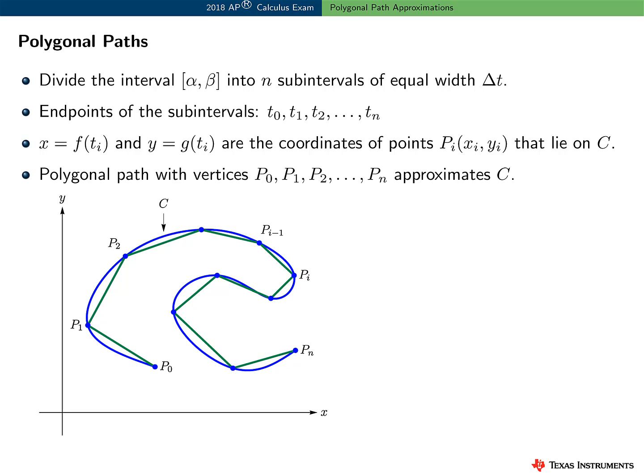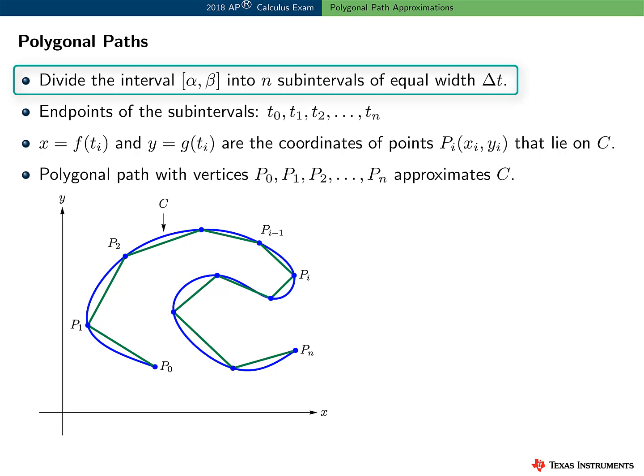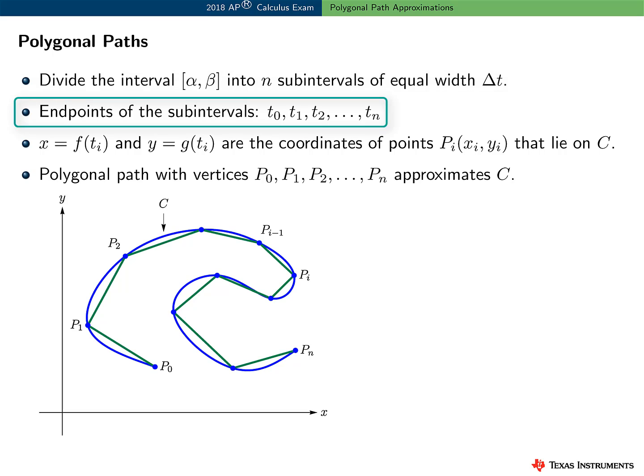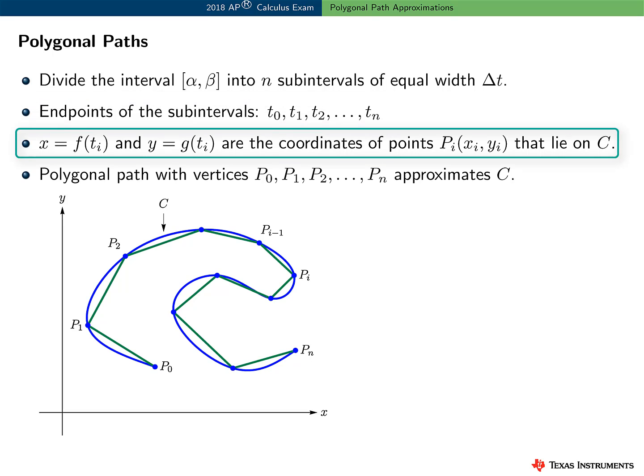We can obtain the same result using straight line approximations. And I really like this derivation process because there are some very nice calculus concepts involved. Divide the interval alpha to beta into n equal subintervals of width delta t. Let t0, t sub 1, all the way down to t sub n be the endpoints of the subintervals.